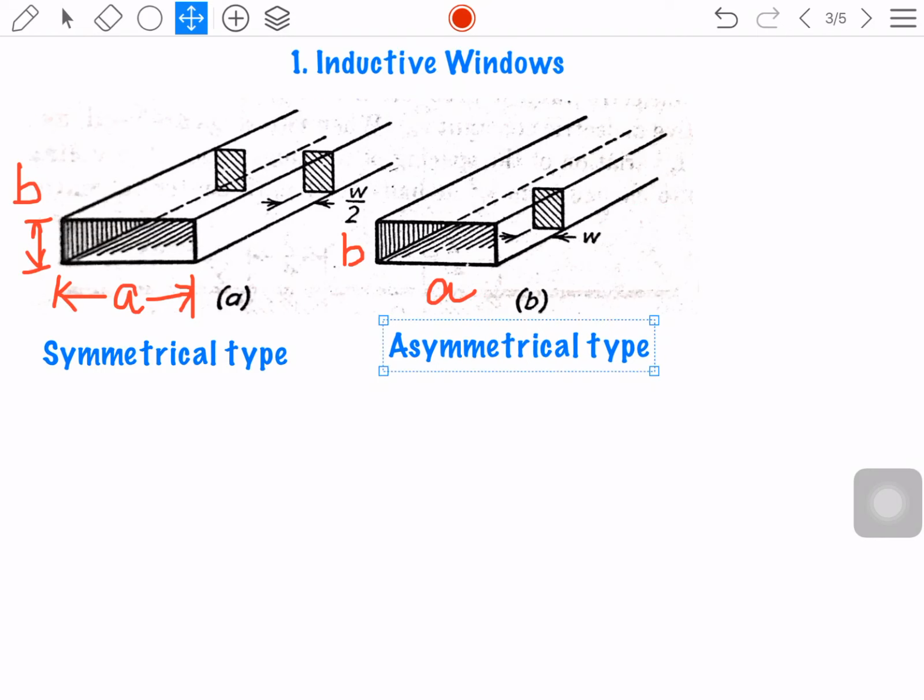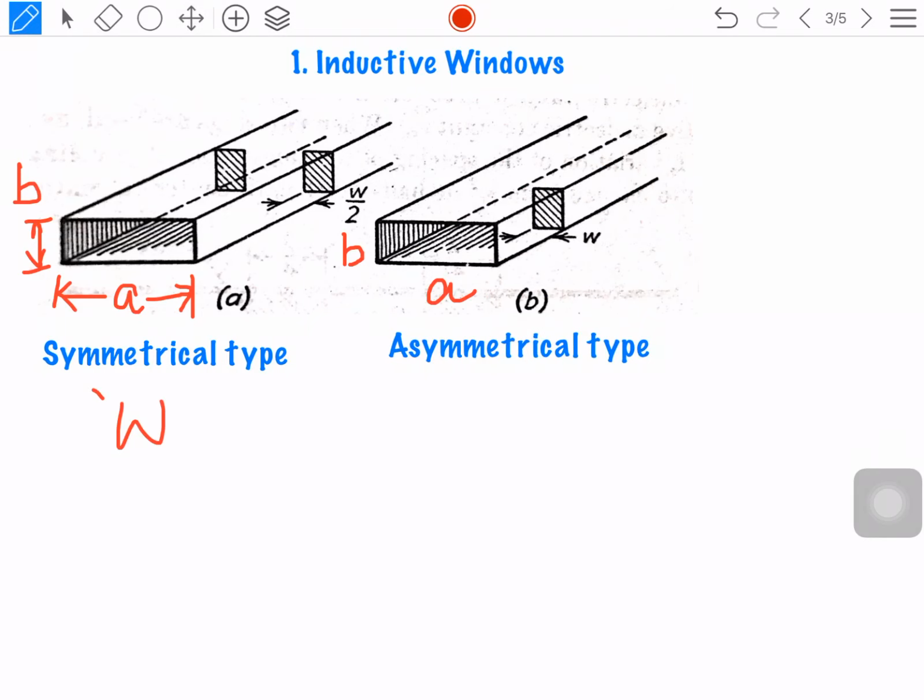Such an element is called an inductive window. The amount of normalized susceptance added by this inductive window is a function of the window insertion distance W.